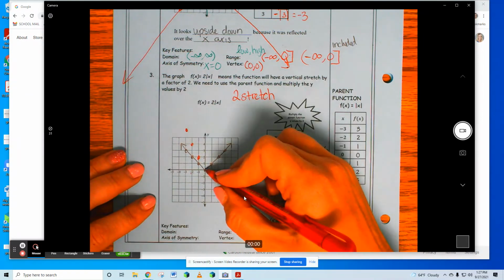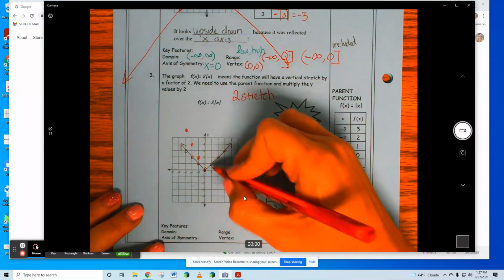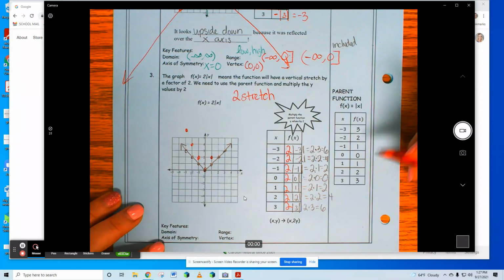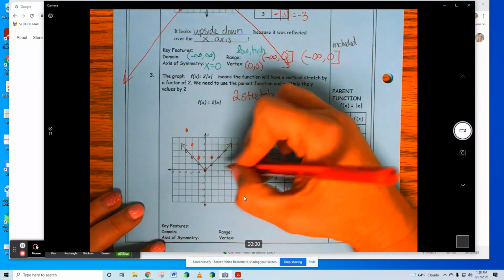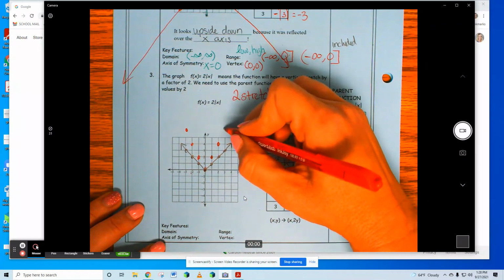Zero, zero. Over 1 up 2. This 2 definitely affected how my graph looks. Over 2 up 4. Over 3 up 6.